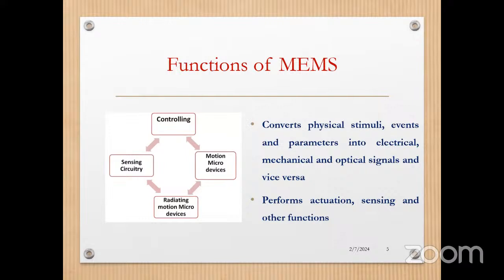The main functionality of a MEMS device or MEMS technology is to convert a physical input into electrical or mechanical operations. Right? The mechanical operations can be actuation, sensing, or any other functions.